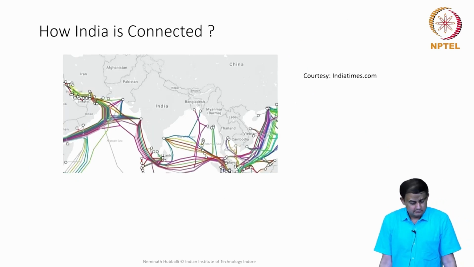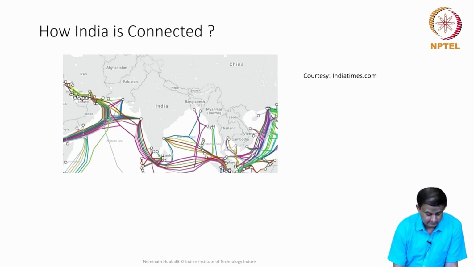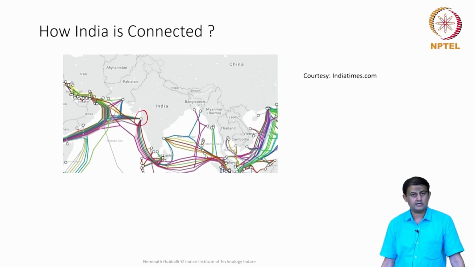So that brings us to the question: if you take the Indian context as we speak today, how does the internet connectivity to the Indian subcontinent look like? How are we actually connected to the rest of the world? You can see that on this side there is a bunch of undersea cables terminating at this location.